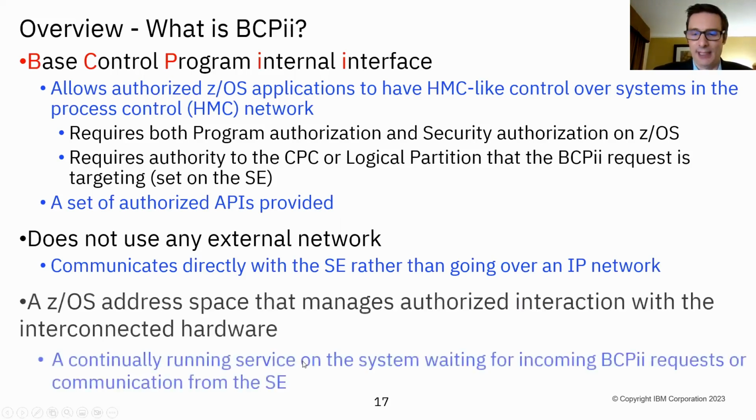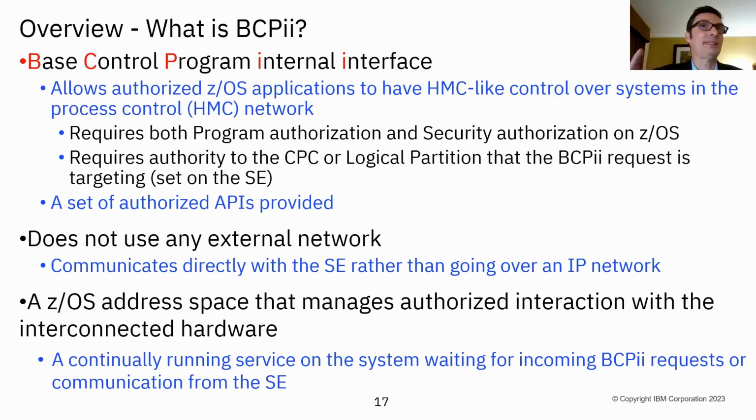The next point is that there's a zOS address space that manages this authorized interaction with the interconnected hardware. On the system where I have my BCPii application, I need to have the BCPii address space running.